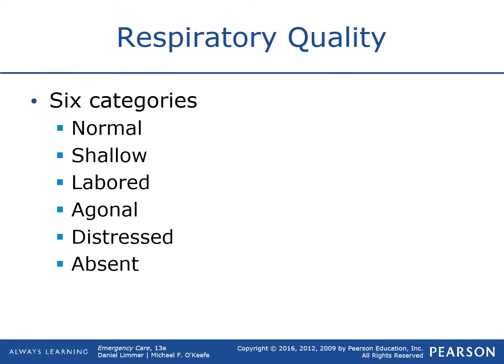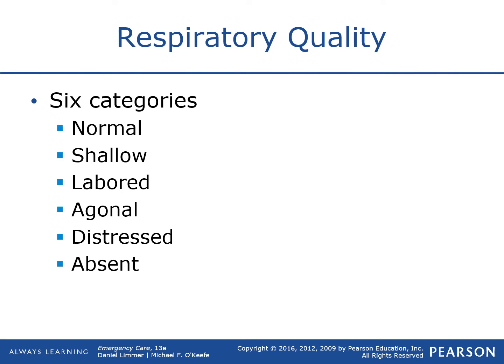So when we're looking at the respiratory quality, again, we want our rate and our quality. Quality, we can look at different types of categories, and these categories look at your effort. So you can have normal effort. You can have shallow effort, so when you can only take a very shallow breath. You can have labored, where it looks like you're really struggling to breathe.